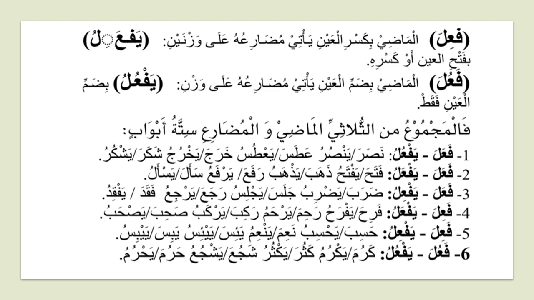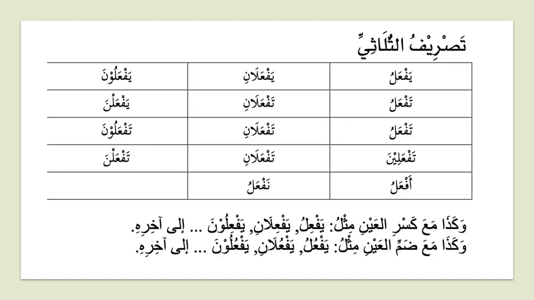Okay, so let's move on to the slide with the scale, تصريف الثلاثي. So here in this page 23, we have the conjugation of the 3-letter verbs. يفعل, يفعلان, يفعلون, تفعل, تفعلان, يفعلن, تفعل, تفعلان, تفعلون, تفعلين, تفعلان, تفعلن, أفعل, نفعل.